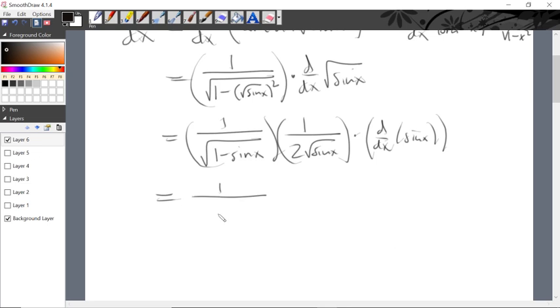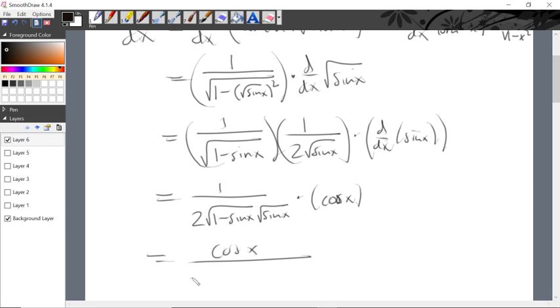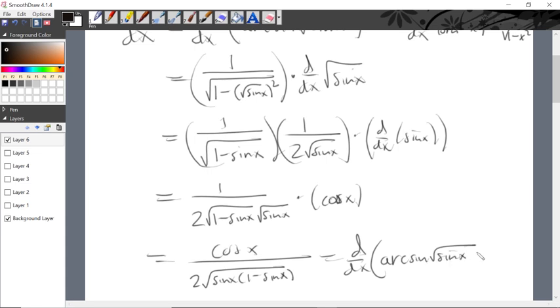So we now have 1 over 2 root 1 minus sine x times root sine x times cosine x. So altogether, cosine x over 2 times the square root of the sine x times 1 minus the sine of x. And that would be the derivative of the arcsine of the square root of the sine of x.